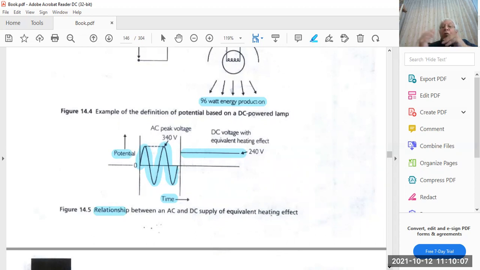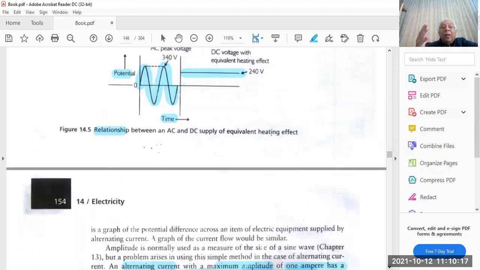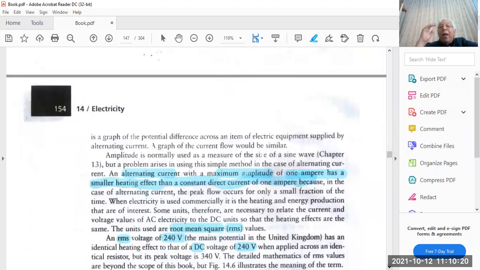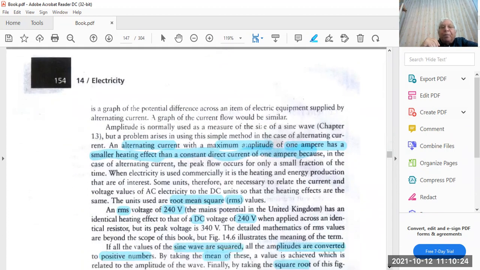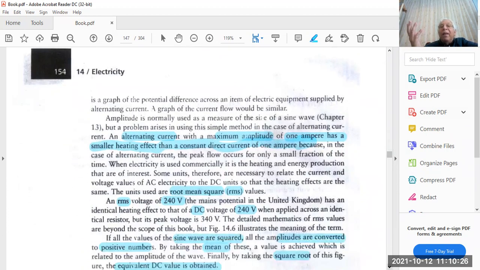So this is to show the difference of the graph between the two types of current in correlation to time and the potential relationship between both, so that we will later on understand how we can compare both types of current. So the alternating current has a peak and has a maximum amplitude and has an average, but the direct current has an average, not a peak.